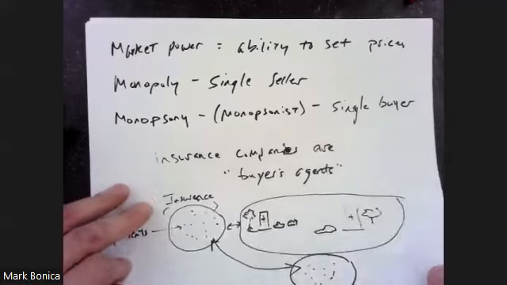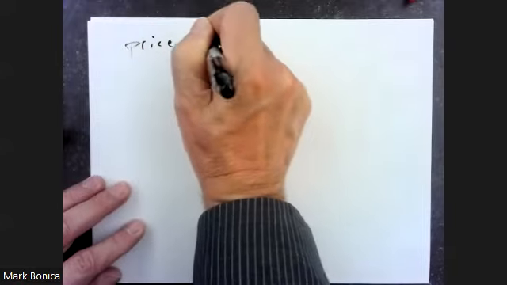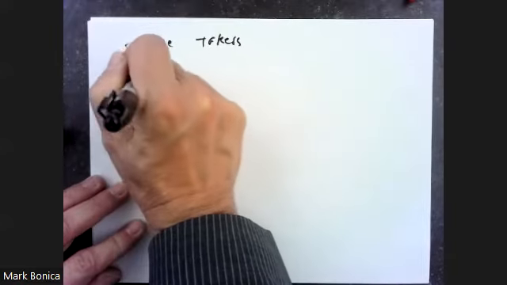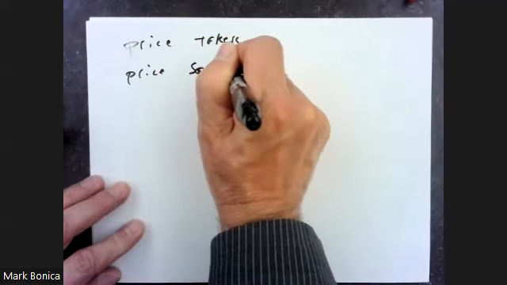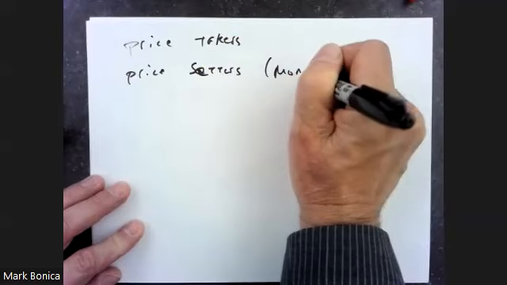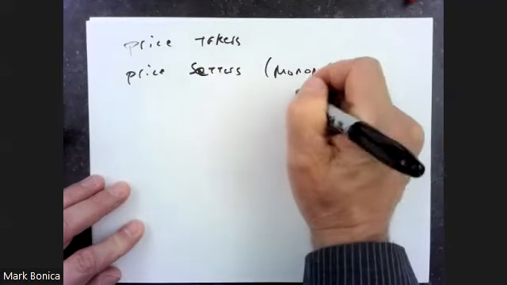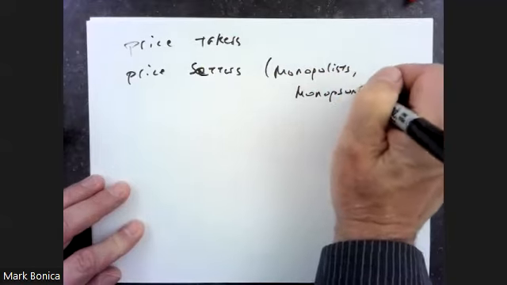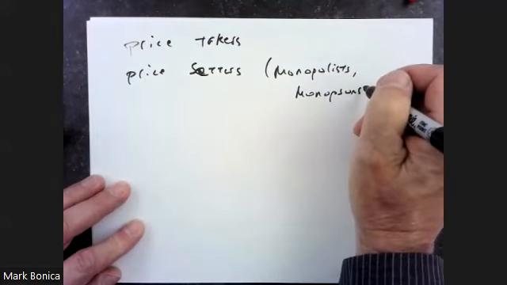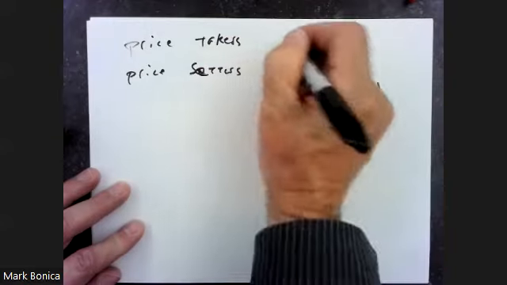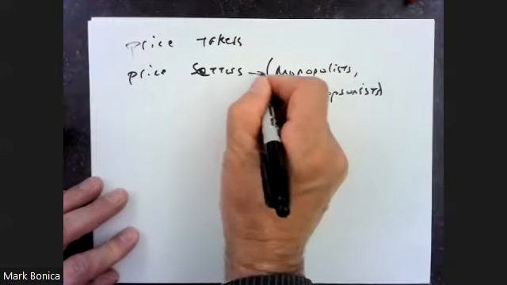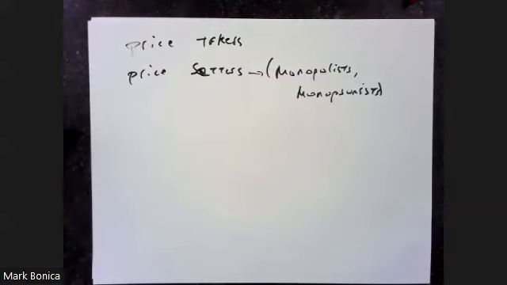So we talk about price takers and price setters. So these are your monopolists, monopsonists. Right. Okay.